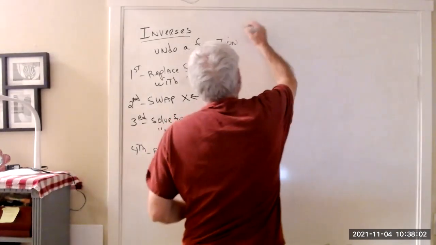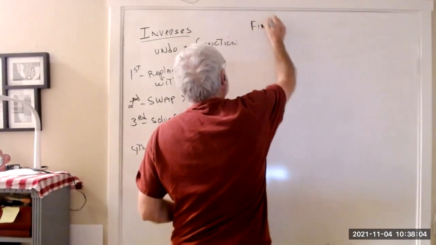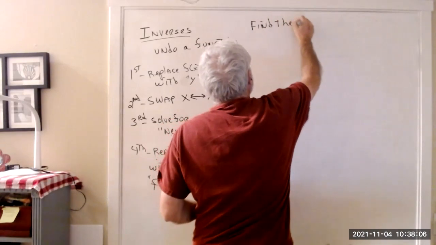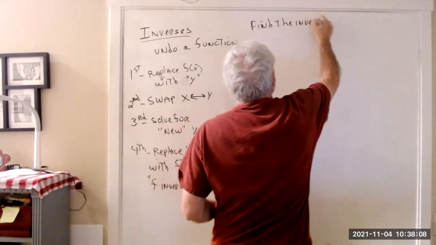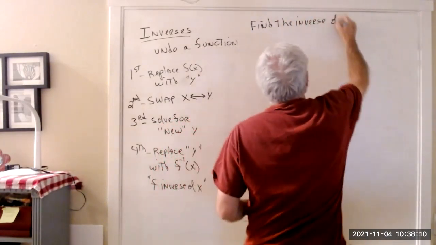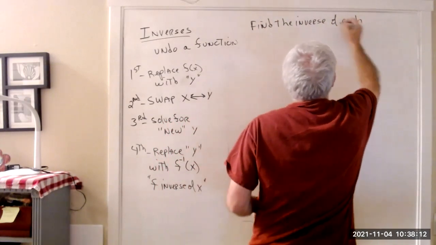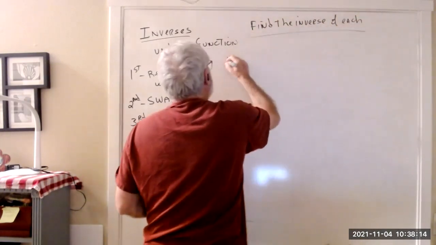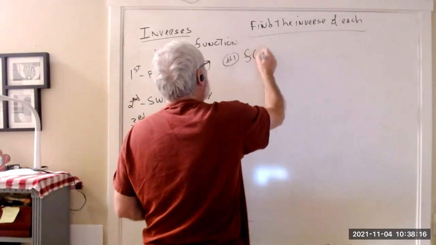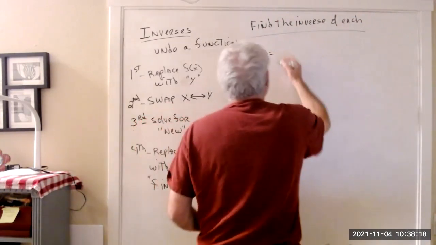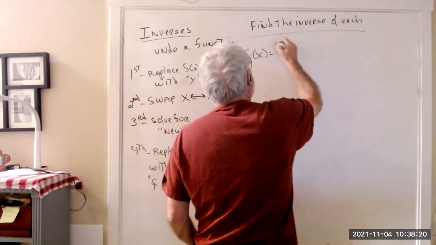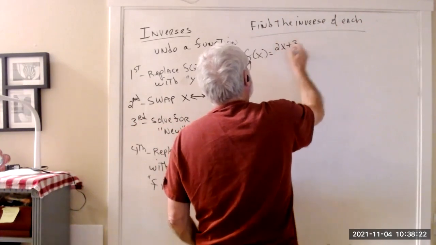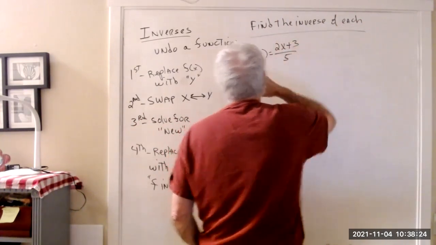Okay, so my instructions are going to be find the inverse of each. Okay, number one, we'll have f of x equals 2x plus 3 over 5.